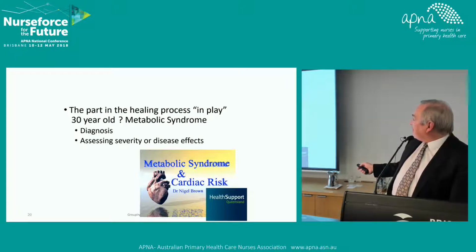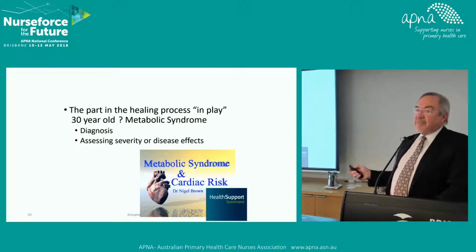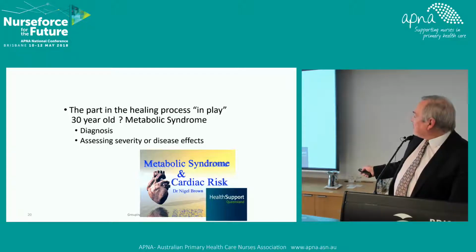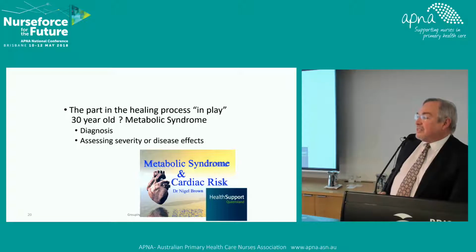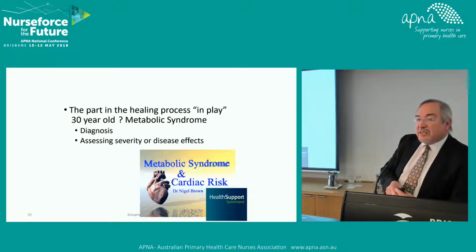Now, next thing is metabolic syndrome, and I've done whole talks about metabolic syndrome, so I'll just do a few mentions of it. But there's a couple of different things we're doing when we're looking at someone where we're querying metabolic syndrome. Partly it's diagnosis, because usually a mild hypertriglyceridemia is part of the diagnostic criteria for metabolic syndrome.